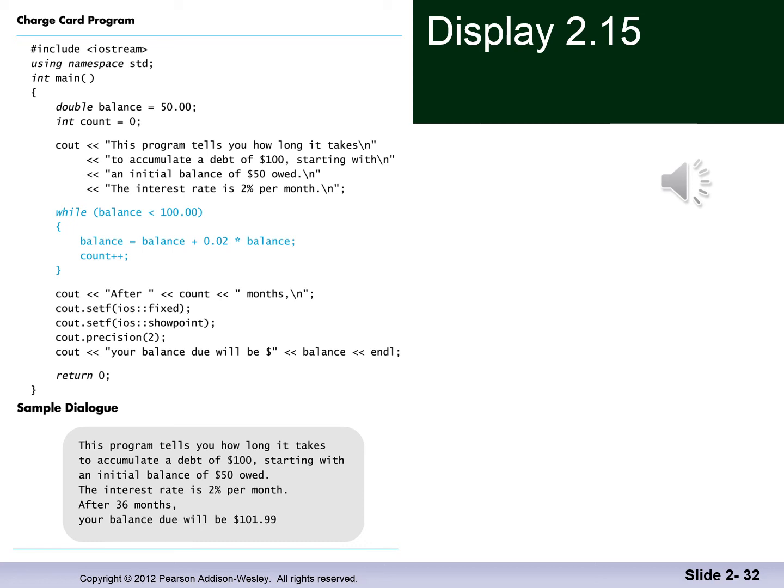There's a sample dialog, and it tells you that after 36 months, your balance will finally exceed $100. It'll be $101.99. So I'm assuming after 35 months, the balance was still below $100.